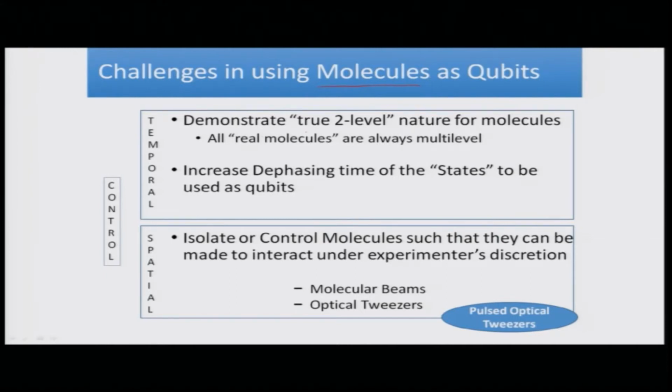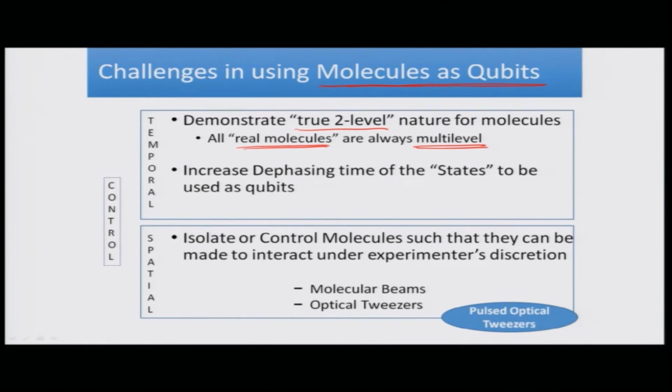There is also this other important point that since molecules are not really two-level systems, it is important to realize that in order to use the molecules as qubits, we would need to demonstrate a true two-level nature of the molecules. So, for instance, as I mentioned before, all real molecules are going to be multi-level, and we have to find a way to see how we can understand their two-level nature.